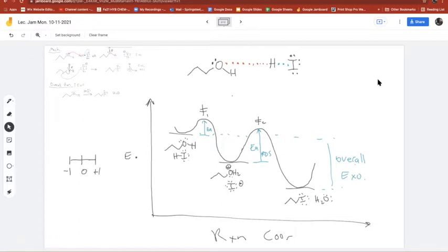Starts off at 0. And then it goes to +1, right? And is my transition state closer to 0 or is it closer to +1? See, the oxygen went from 0 to +1.